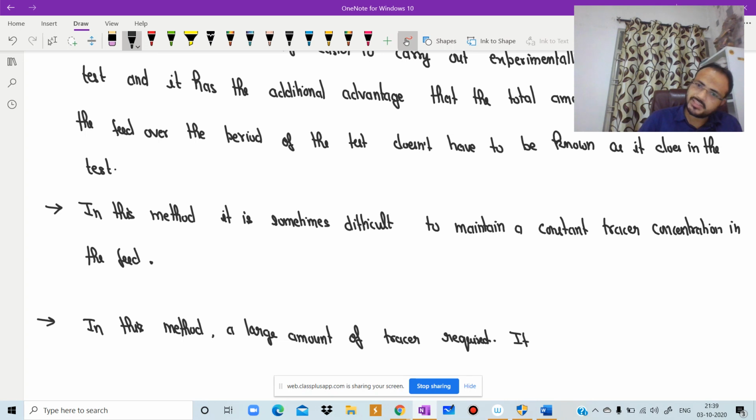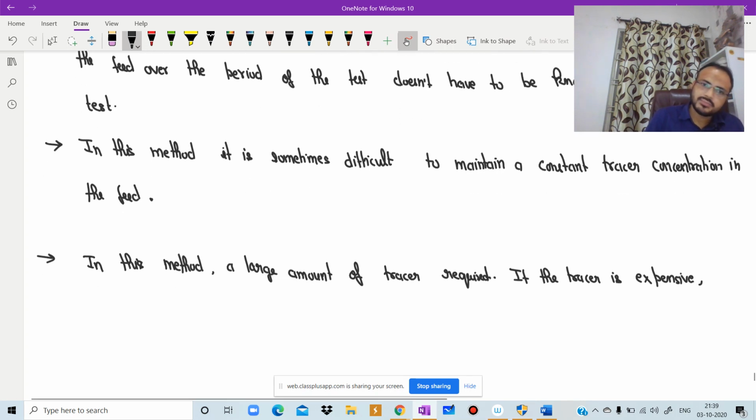If the tracer is expensive, then the pulse test is used.